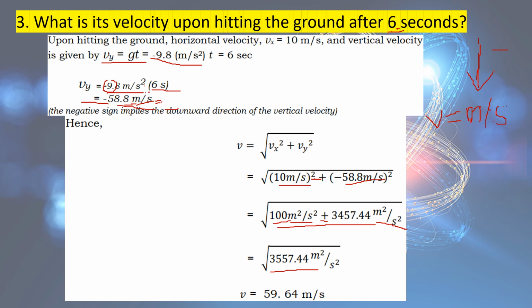So the square root of 3,557.44 is 59.64 meters per second. The square disappears here since we extracted the square root. So this is the final velocity of the stone after hitting the ground.